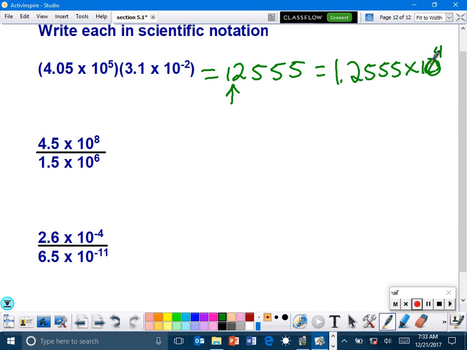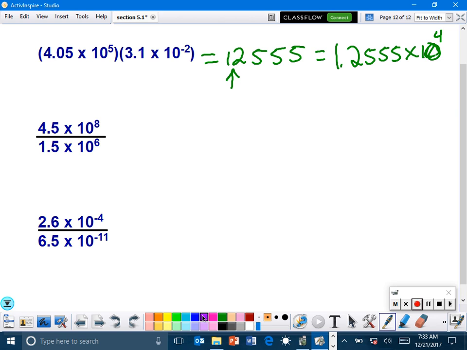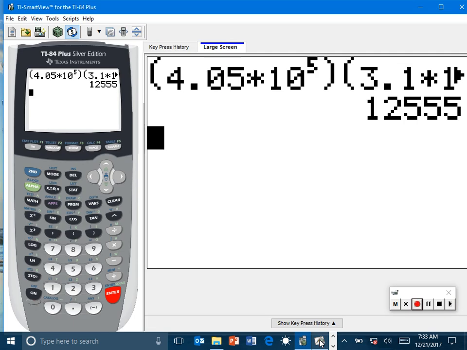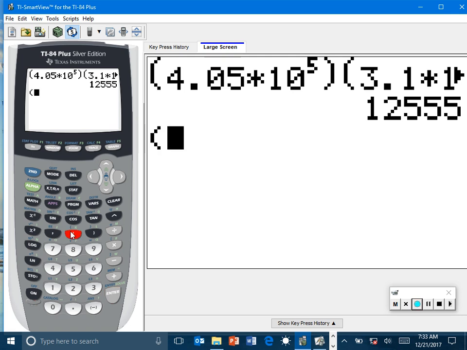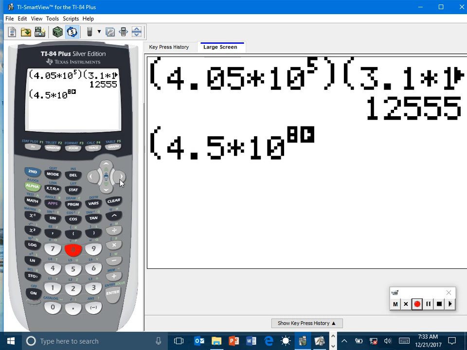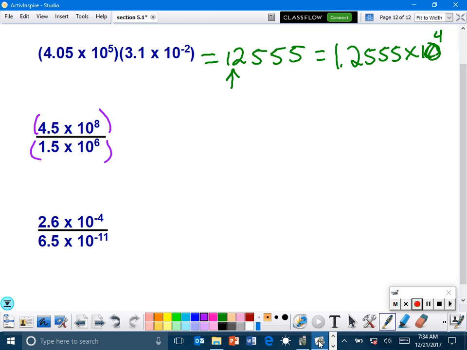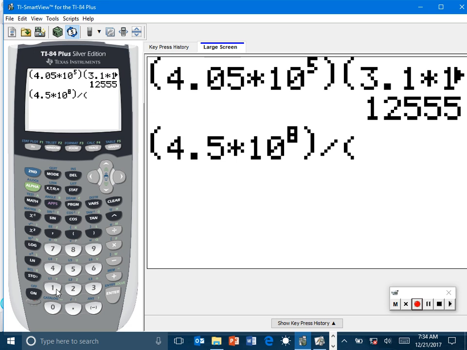Same thing with these. Use parentheses on the numerator and denominator. Type it into your calculator. So we're going to type in 4.5 times 10 to the 8th power, and we're going to divide by 1.5 times 10 to the 6th.